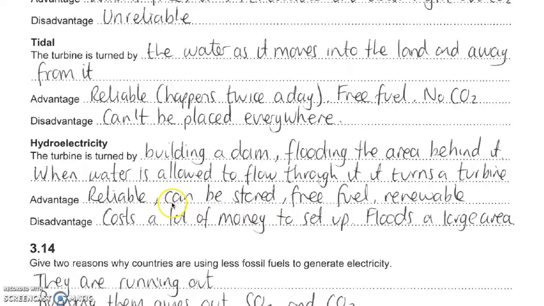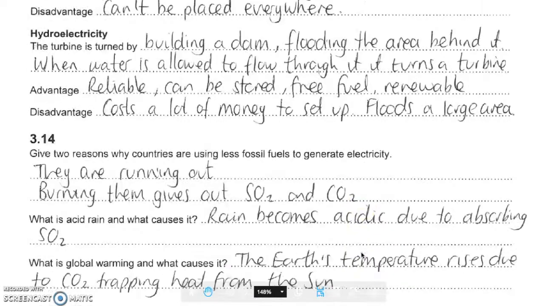So if there's a need for a lot of energy, we can let some water through and then we can get some energy. We can say it's free fuel because it's part of the environment. We're not digging into the ground to get anything else. It's renewable as well. However, it does cost a lot of money to set up and sometimes can flood the local area.